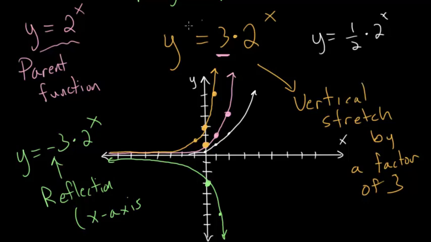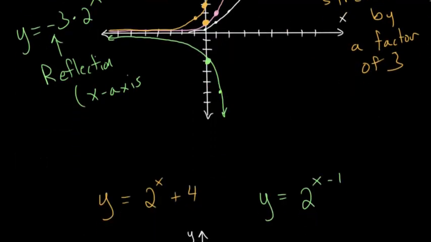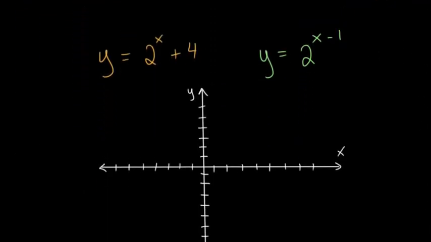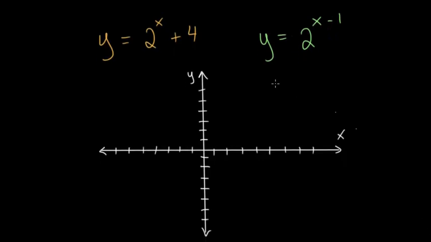Now that we've looked at what happens when you multiply on the outside by a number, let's look at a couple different scenarios. In this orange scenario, I'm taking my parent function and adding 4. Essentially that adds 4 to all of my y values. And remember, we had an asymptote for our parent function of y equals 0.